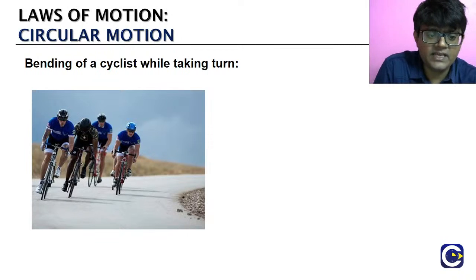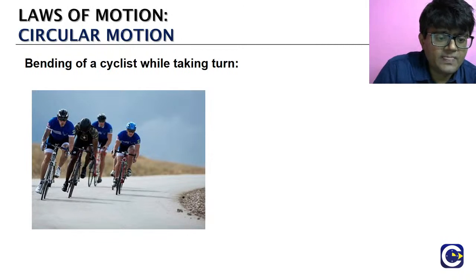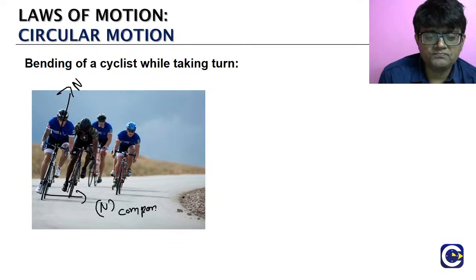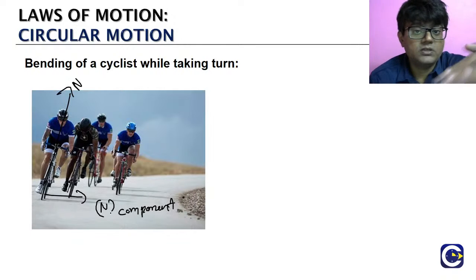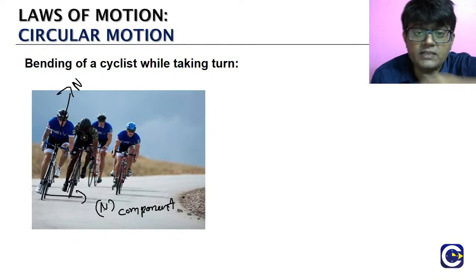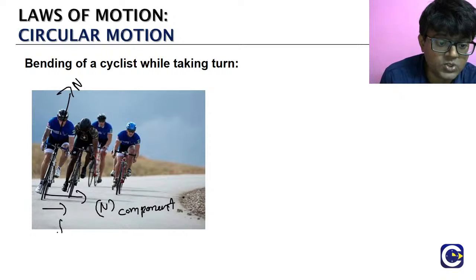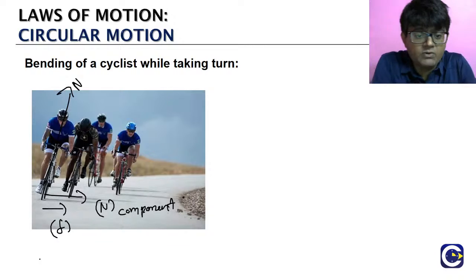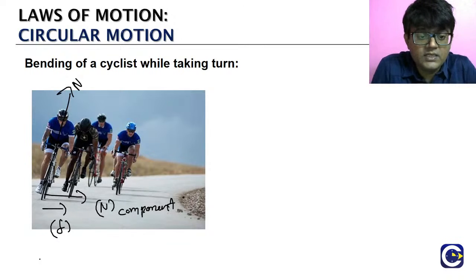Why are they bending? Think about it. When they bend, you will have the normal reaction like this, which means there will be a component of the normal reaction that will support providing the centripetal acceleration. And in the same way there will also be friction. So why do you see people trying to bend the cycle while taking the turn? Because when they bend, what is going to happen?